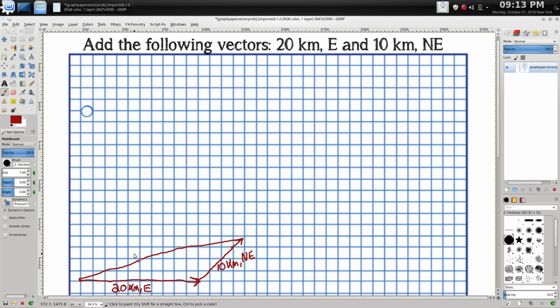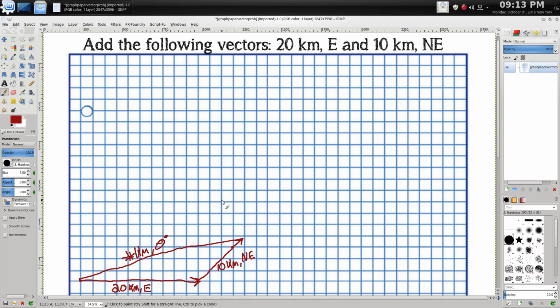That's what we need. And we need to find this number for kilometers and this direction, this angle measurement. We need that angle measurement there, okay? That's theta.